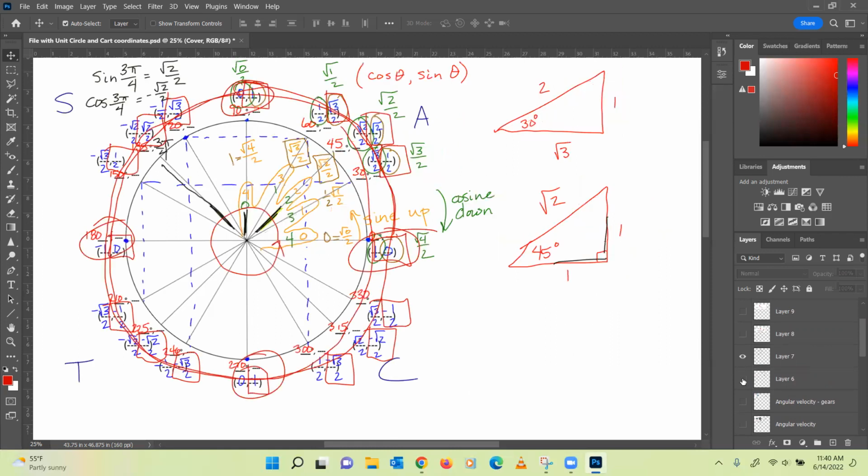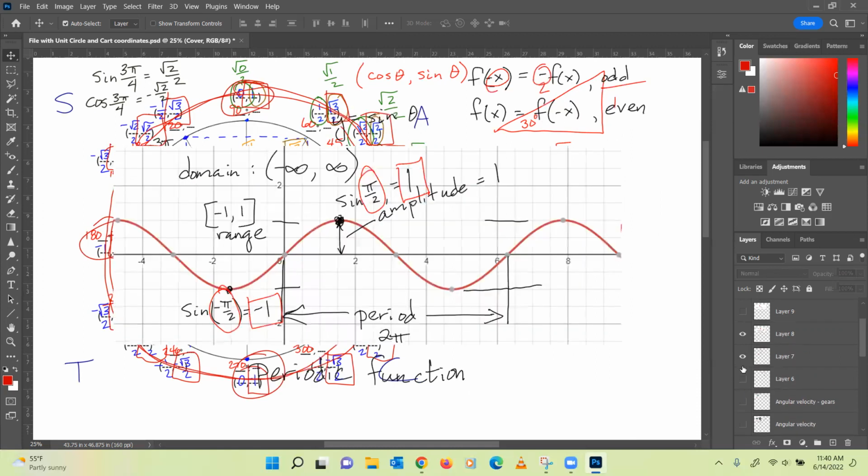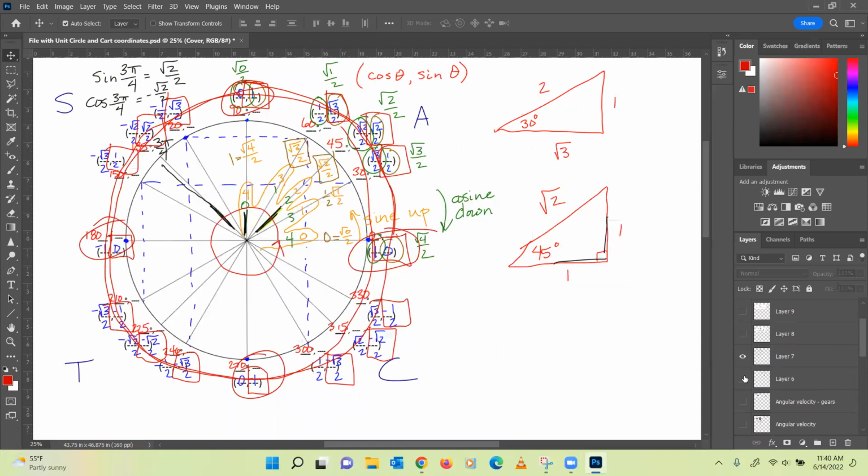Hopefully you can still read it well, or you can back up the video, but that will help us to understand sine and cosine of all of these angles, and we'll use that later on.